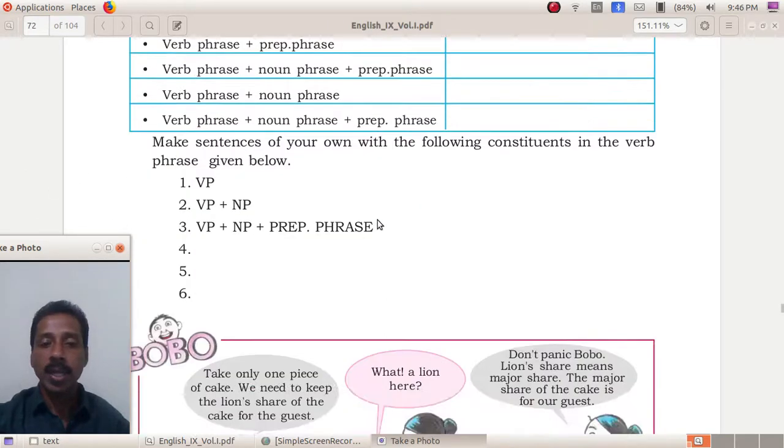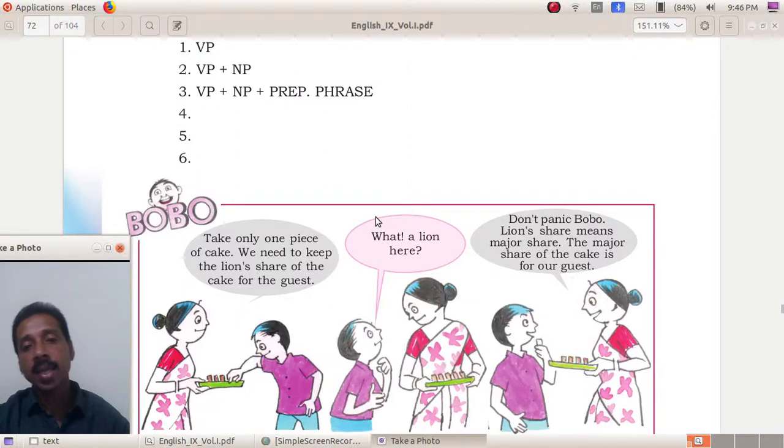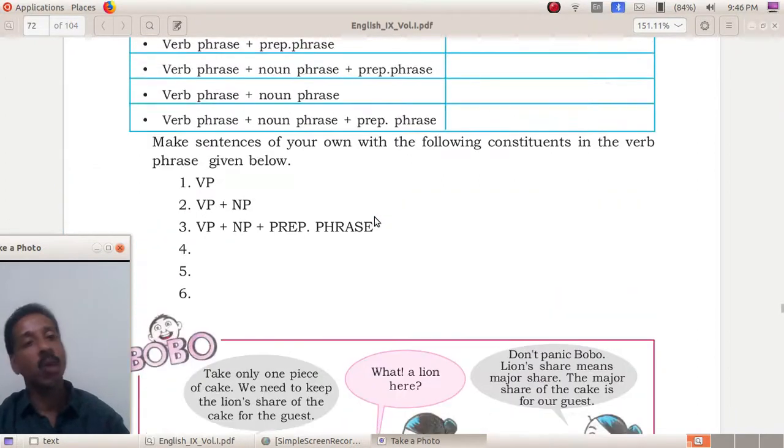Okay, so any sentence can generally be divided into a noun phrase and a verb phrase, and then you have to find out which are the words used to form a noun phrase.